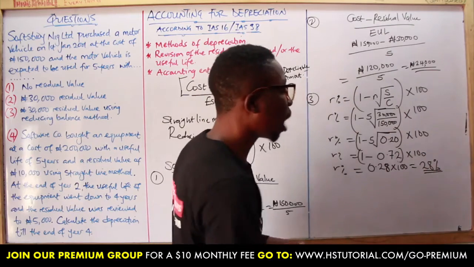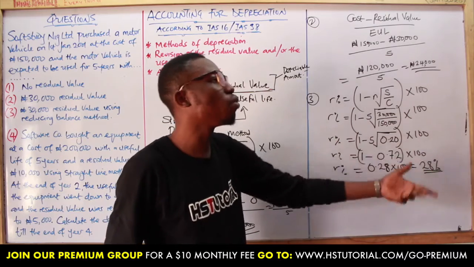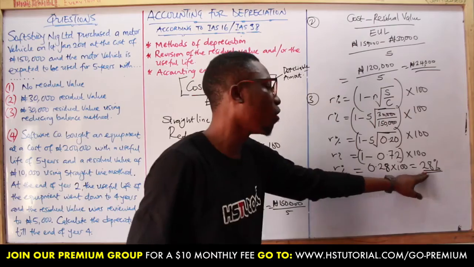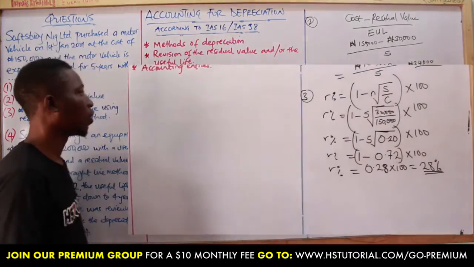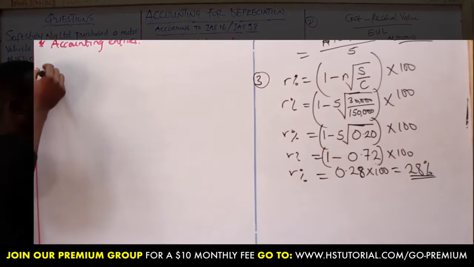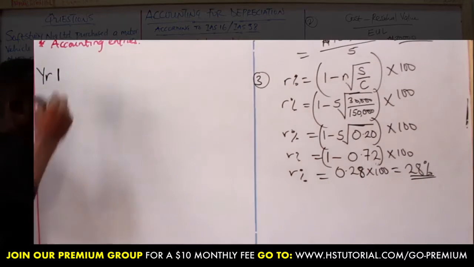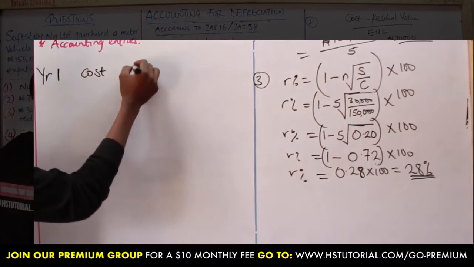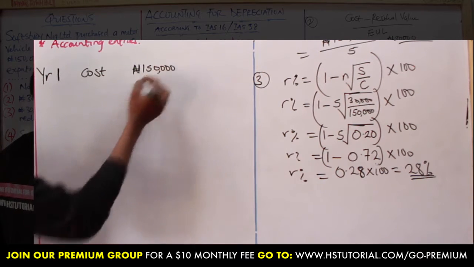Now since we have gotten our 28%, it is this 28% that will be applied to the cost of the asset for you to get what the depreciation of the asset will be. So now let's start year 1. What is the cost of the asset? The cost of the asset is 150,000 naira.